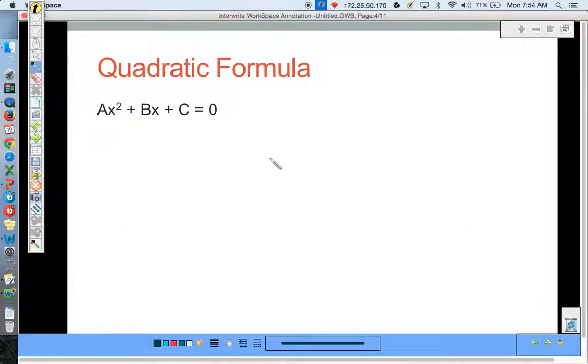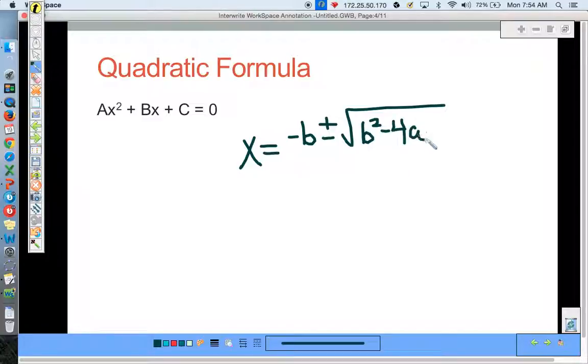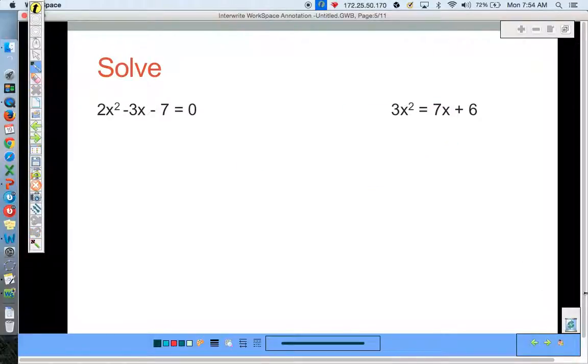Some of you guys might remember that Pop Goes the Weasel song from last year, but a reminder, it's x equals the opposite of b plus or minus the square root b squared minus 4ac all over 2a. So when we're using the quadratic formula, same thing. It has to be set equal to 0.